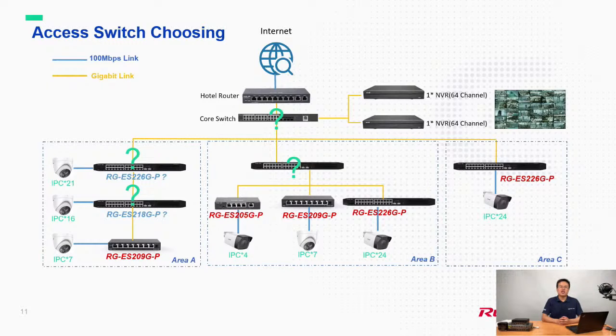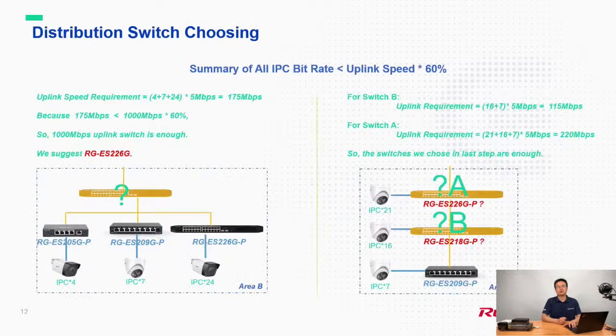Let's check next whether we can use these switches, because we should consider other limitations. For distribution switch choosing, the principle is that the sum of all IP camera bit rates should be less than 60% of the uplink speed.